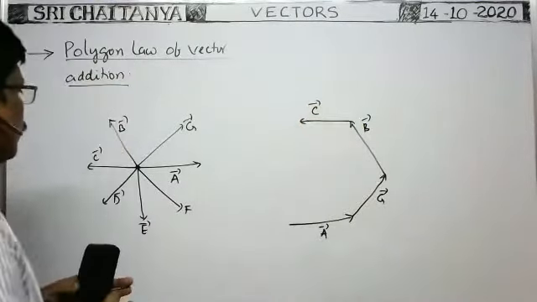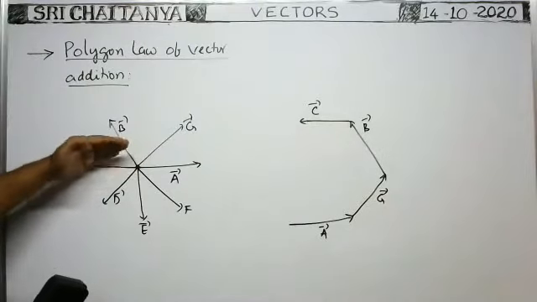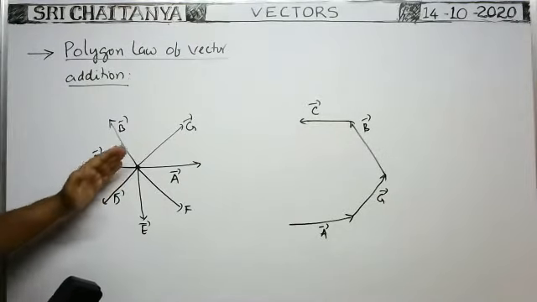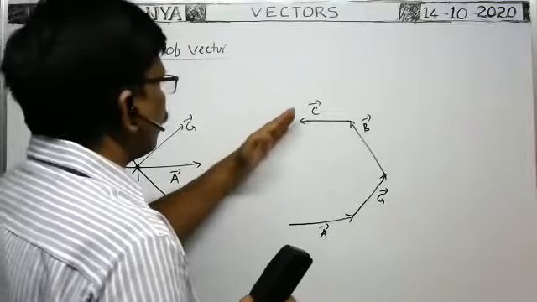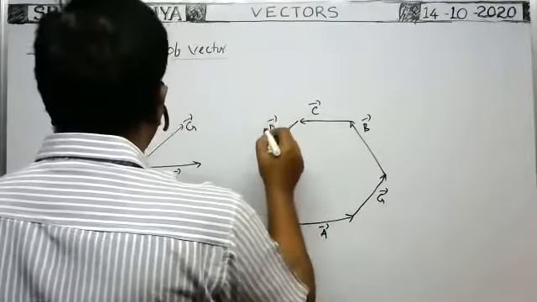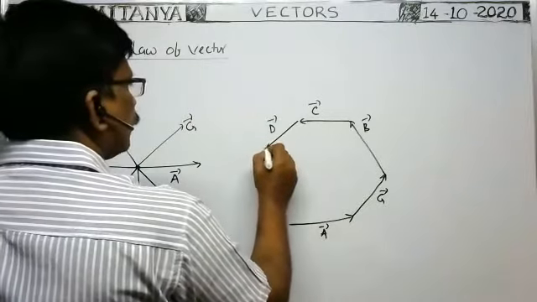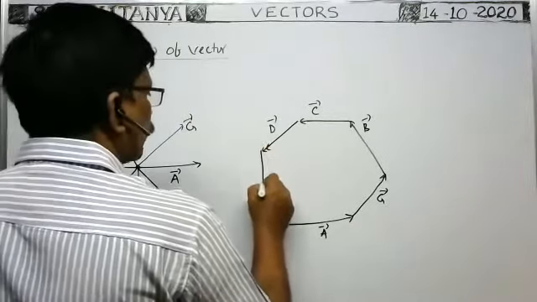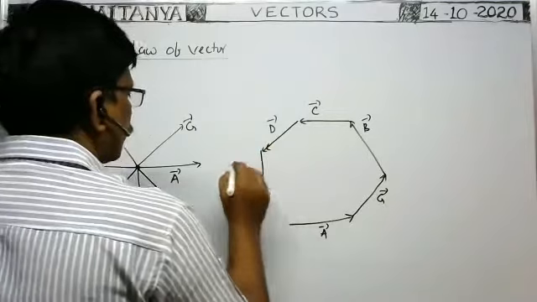From C bar to D bar, making the angle in that direction, note the D bar vector parallel to it here. So it is D bar. Next, E bar is vertically downwards. So E bar is vertically downwards.